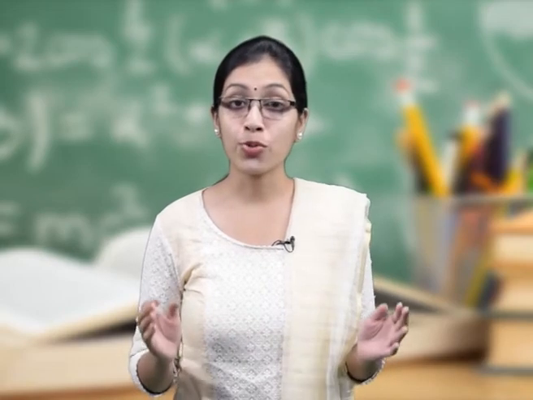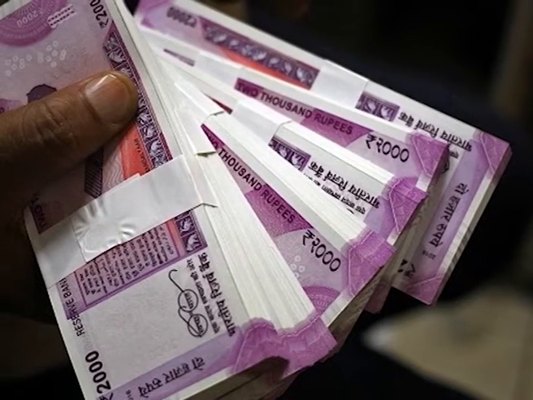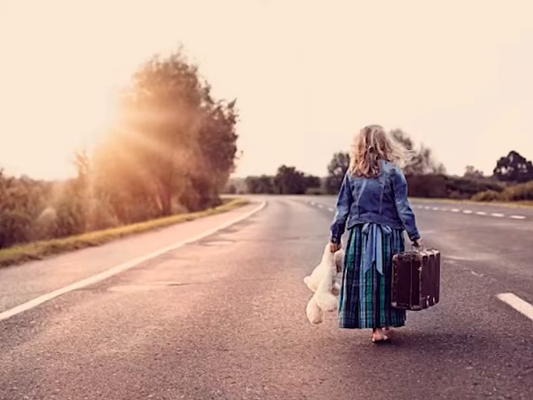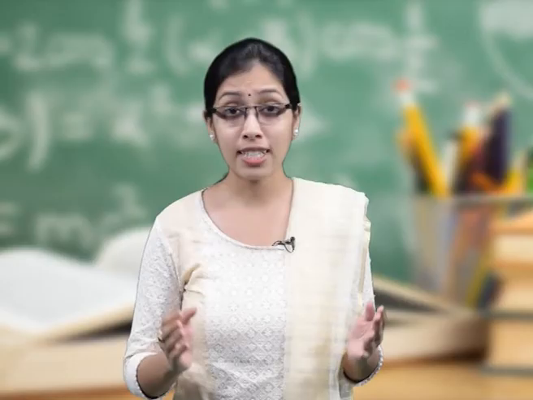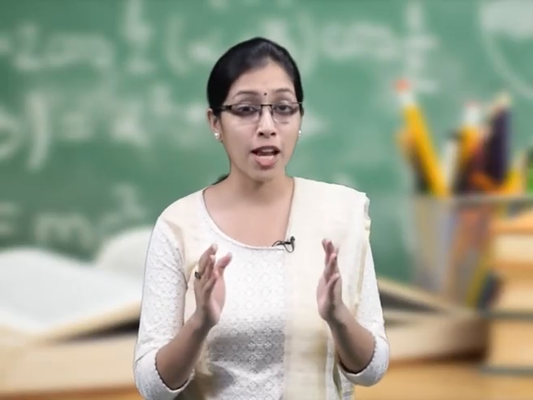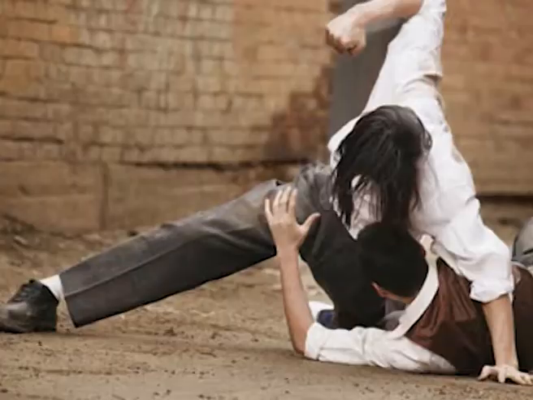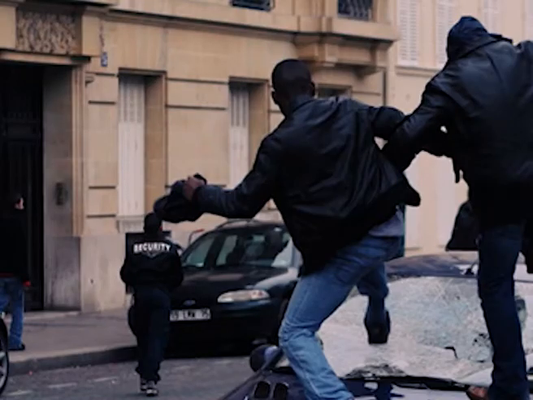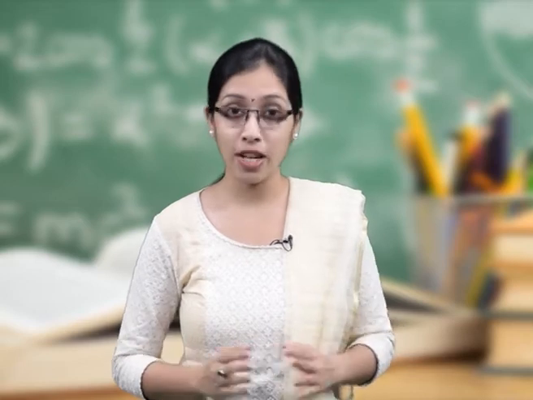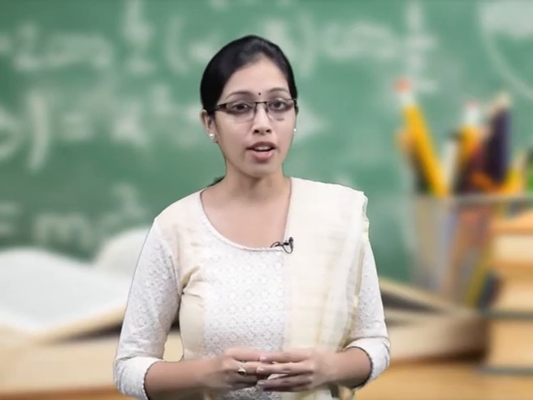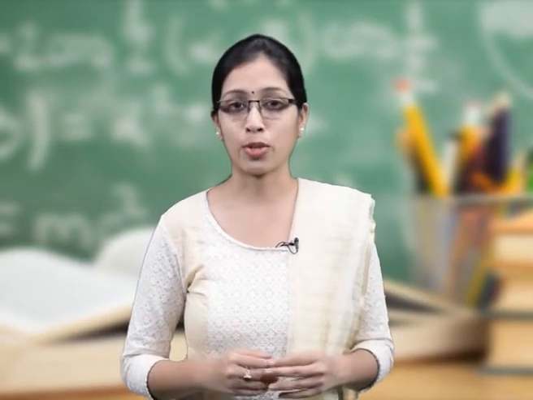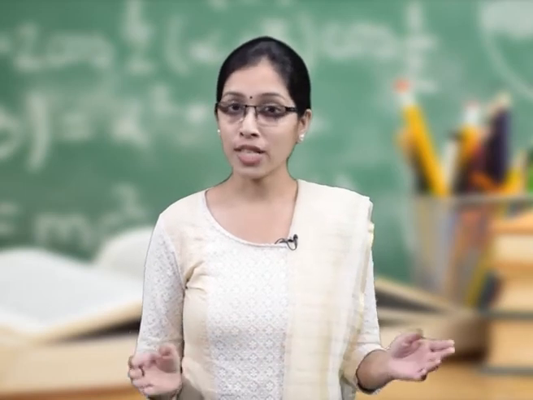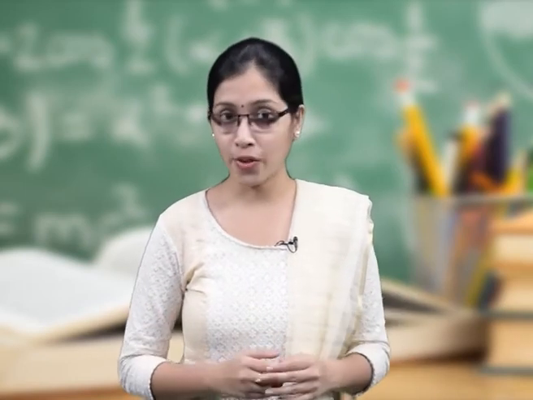Delinquency may be used to reduce or escape from strain, for example stealing money or running away from abusive parents; to seek revenge against those who have inflicted the strain, for example assault and vandalism; or to reduce the negative feelings that result from strain, for example illicit drug use. Agnew points out that only some strained individuals turn to delinquency and crime.